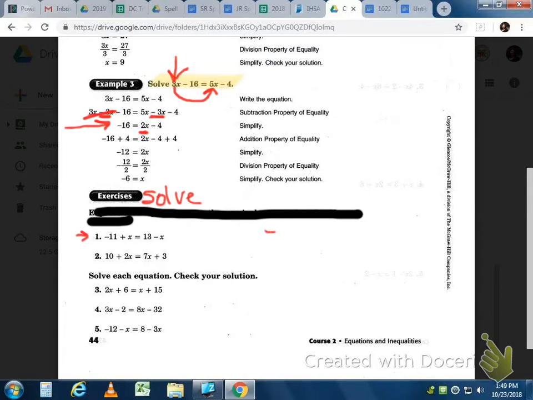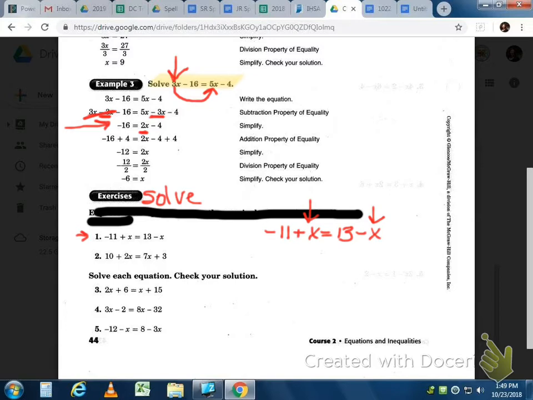And I'm going to put negative 11 plus x equals 13 minus x. So if I look at my two variables, I've got an x and a negative x, which means I have a 1 and a negative 1 for coefficients. Which one's smaller? Negative 1.